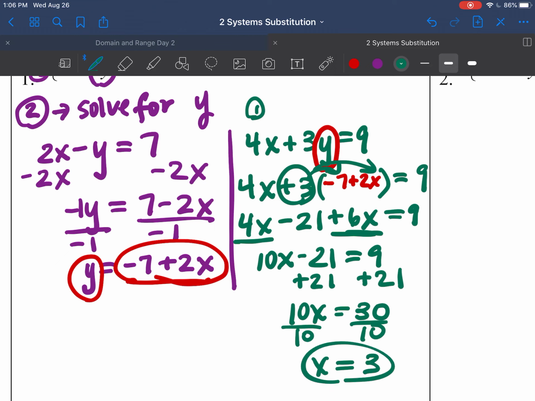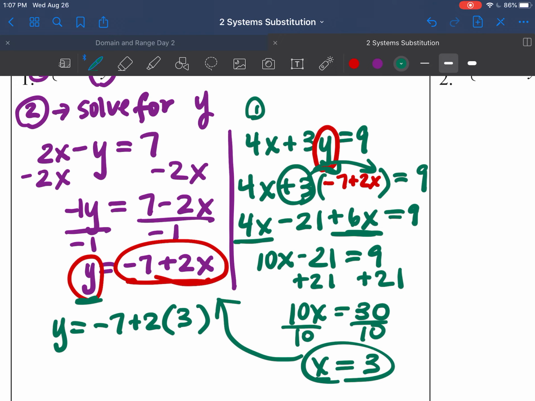Now that we know what our x value is, we have this beautiful equation over here to solve for what the y value is. So we go back to this first column, -7 plus 2x, and now I can replace that x with a 3, because x equals 3.